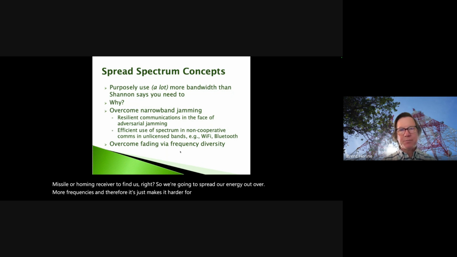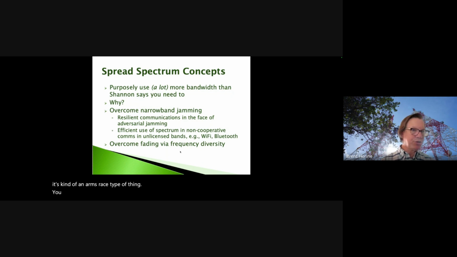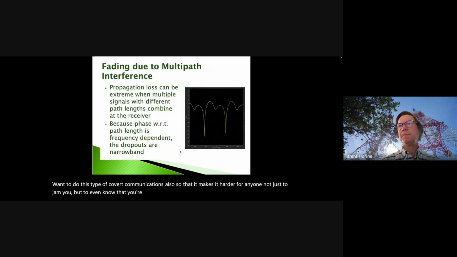It's not impossible. That's why I say it's kind of an arms race type of thing. You may want to do this type of covert communications also, so that it makes it harder for anyone not just to jam you, but to even know that you're communicating, right? So, all right.